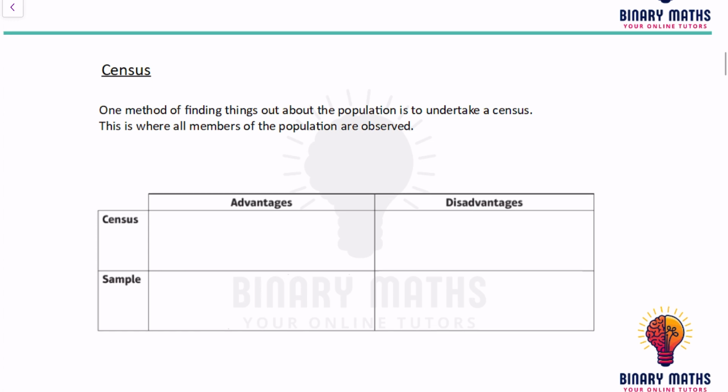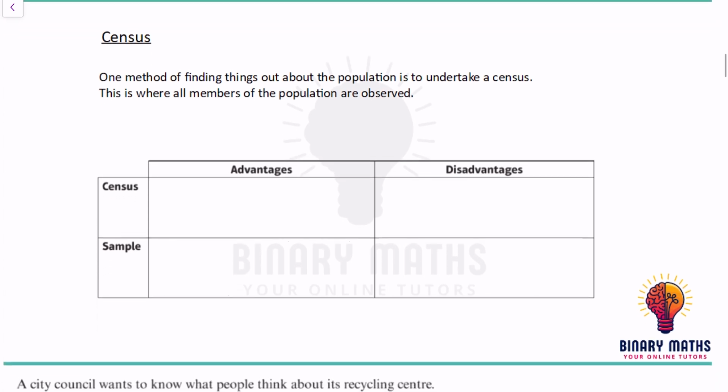One way of carrying out an investigation, finding things out about a population, is to undertake a census. A census is where all members of the population are observed. So you don't take a sample, you just interview every member of the population. Now, the advantage of this is it gives a completely accurate result.